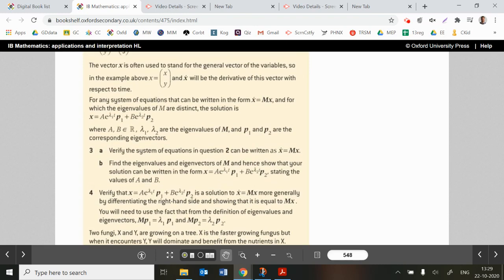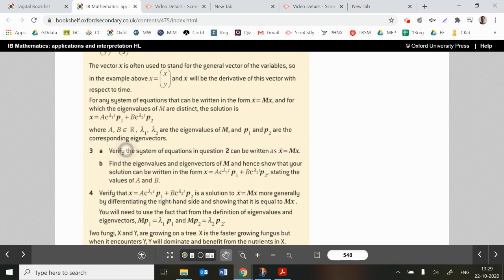For any system of equations that can be written in this format, and for which the eigenvalues of m are distinct, the solution is this thing here. Okay, so that's essentially what we talked about before, towards the start of this exercise, that's the formula to our system of coupled differential equations.